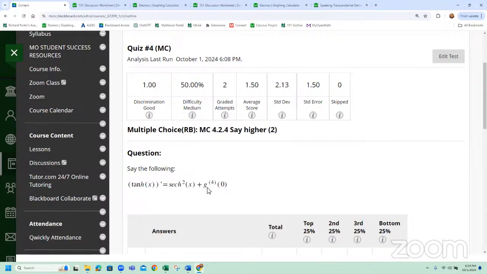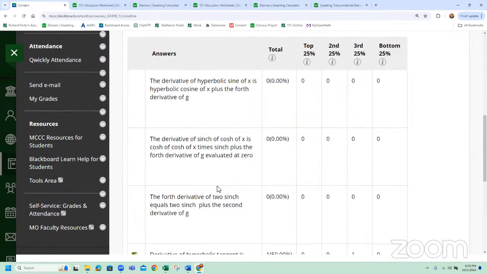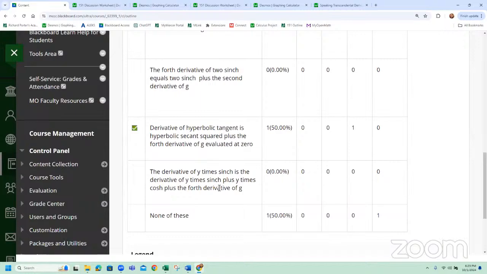That's a mistake everyone's going to make, or let's put it this way, that's the mistake that's made most in these sorts of problems. What does it mean when I say to the fourth power? Not to the fourth power. When I put the fourth power in parentheses like that, it's not to the fourth. And if you look at these, you'll see most of them are giving you hints as to what it is.